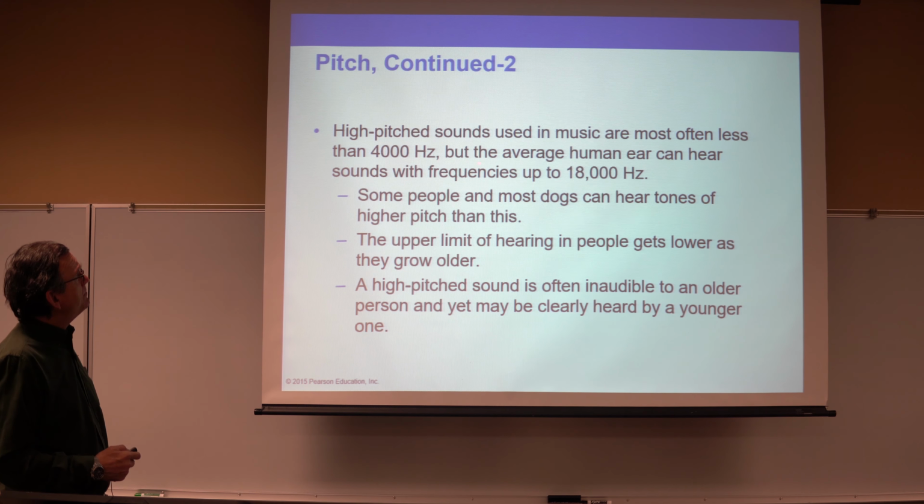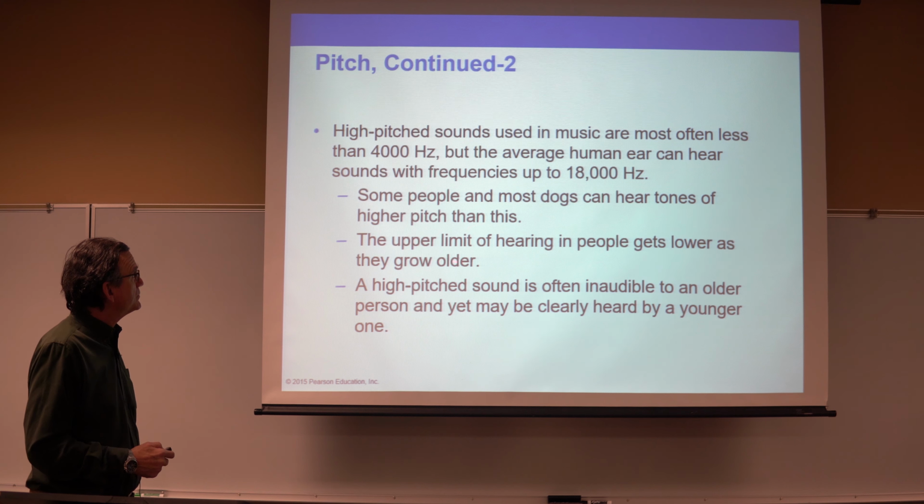Now, the high-pitched sounds used in music are most often less than 4,000 hertz, but the average human ear can hear sounds up to 18,000 hertz. Some people and some animals can hear tones of higher pitch than this.